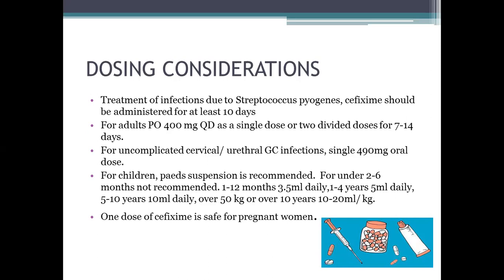And if the child is over 50 kg or if the age is over 10 years, then 10 to 20 ml is fine. And as far as the safety of cefixime in pregnant women is concerned, 1 dose of cefixime is safe.